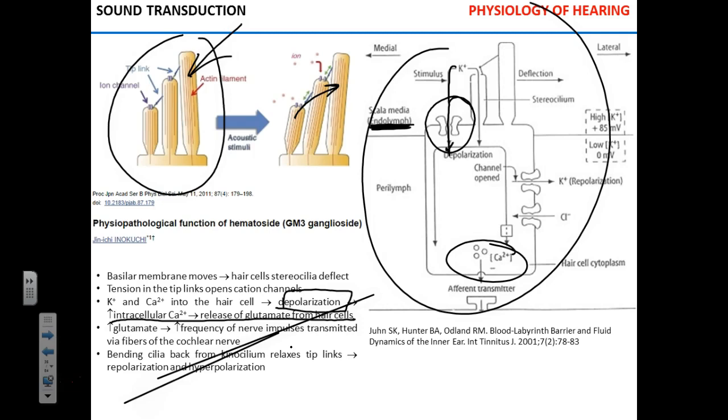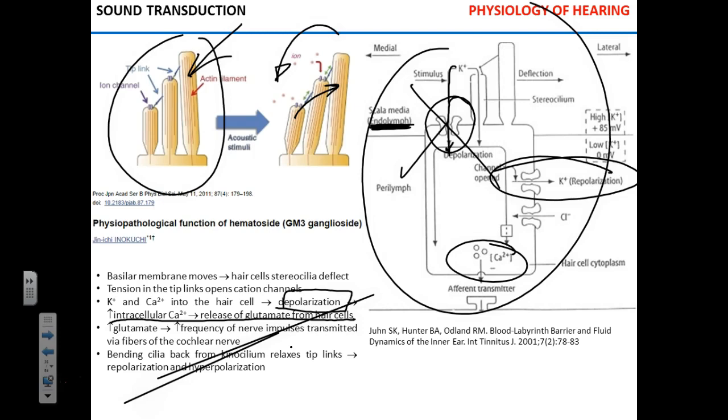And then eventually, when the sound is over, when there's no more sound, the stereocilia bend backwards. Channels close. Repolarization occurs. Does it make sense? And the cell can transmit the signal once again.